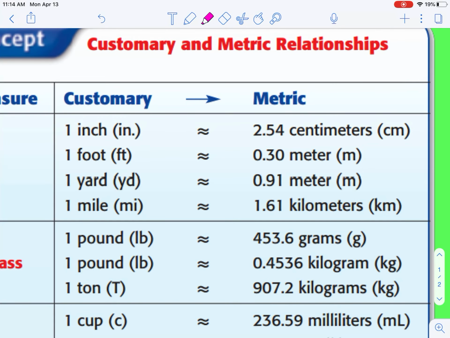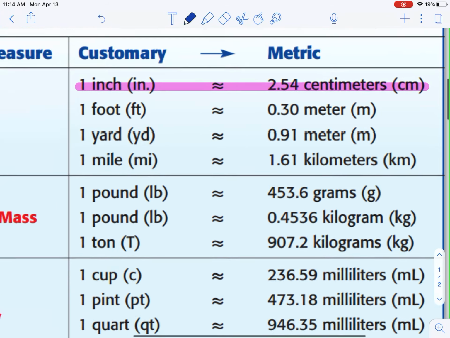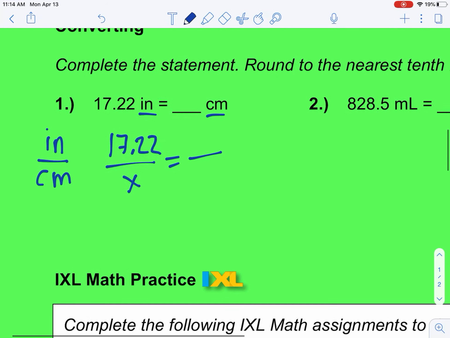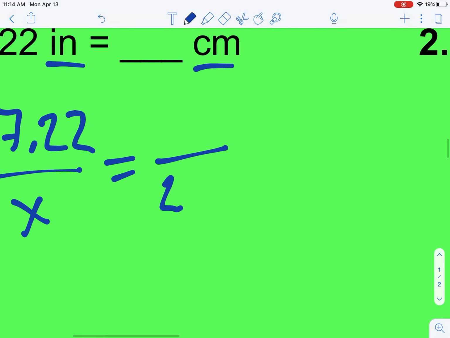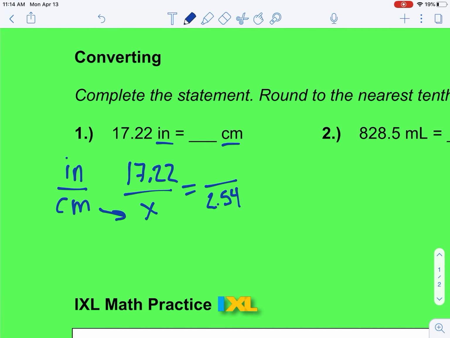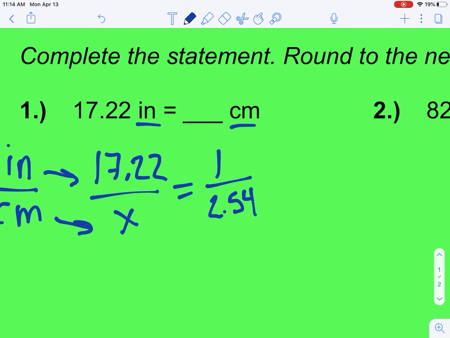And it's all the way up on top. So 1 inch is about 2.54 centimeters. So 2.54 is going to go on the bottom because that's where we decided to put centimeters, right here. And 1 inch is going to go on the top.